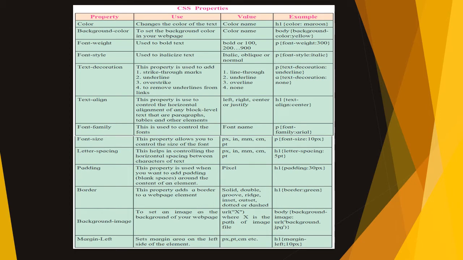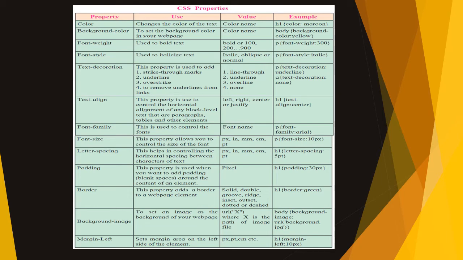Means by using the letter spacing property, we can apply space within two characters. Next is padding. This property is used when you want to add padding, that is blank space around the content of an element.